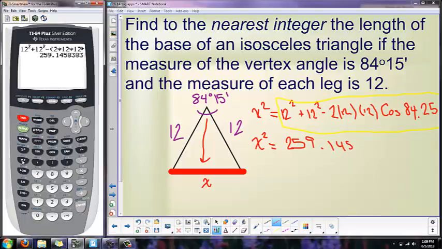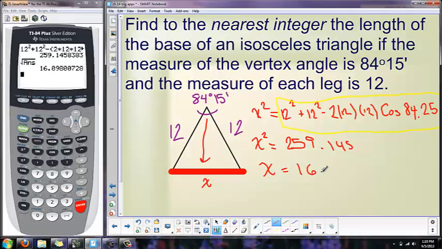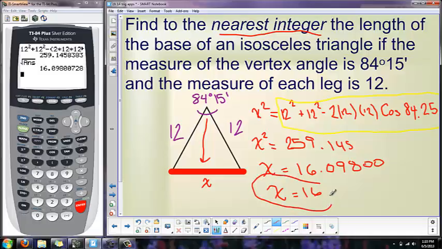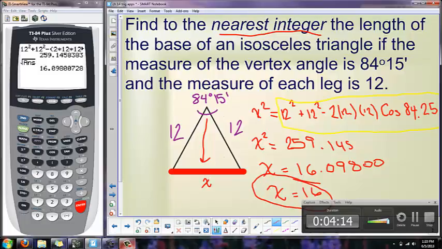So I'm going to take the square root of that. x is equal to 16 point, and on the Regents exam, in order to get full credit, you need to write down a bunch of decimals first, and then say, all right, I want it rounded to the nearest integer, so x is equal to 16. Okay? So it's the same thing as Pythagorean theorem. We're solving for a missing side, but we can use it on a triangle that's isosceles or acute or obtuse or anything, not just right triangles. Okay?